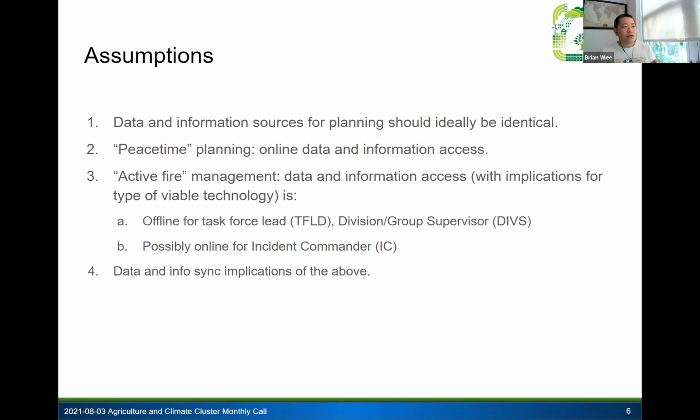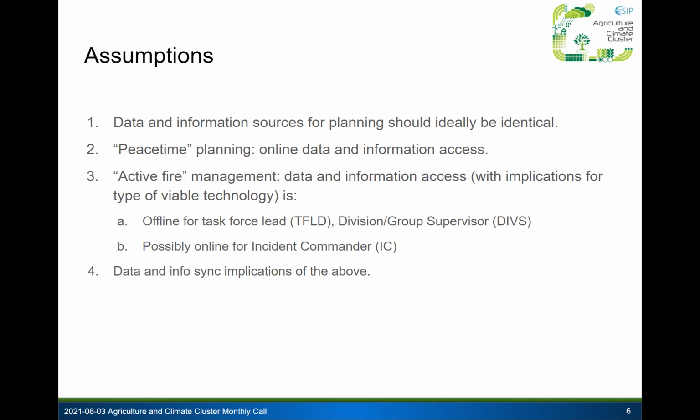But the task force leads and the group supervisors are out there in the field, and so I assume that the incident commander has a little bit more luxury access to the internet and multiple screens and a proper keyboard and all that. Right, so that's my assumption.